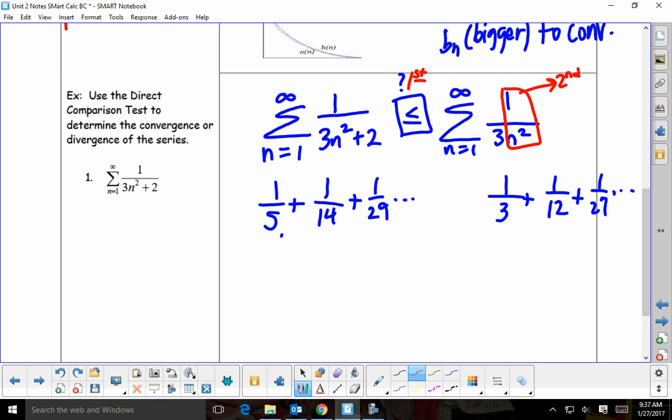We can pull out that 1/3 in front. It's the same exact thing. Oh, what's the condition? Oh, sorry. It does converge. It has to be greater than 1. Okay, so this guy converges by, and you have to tell me, the P series.